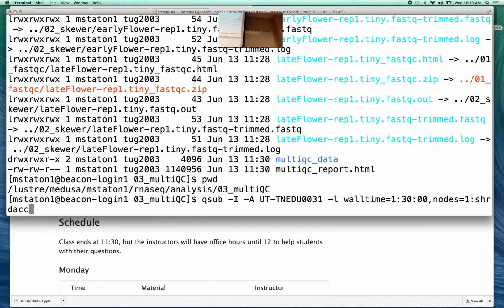Okay. If I were you, I would just use this. If this works for you, you can use that. Multi-QC report. Yeah. Just email me that.